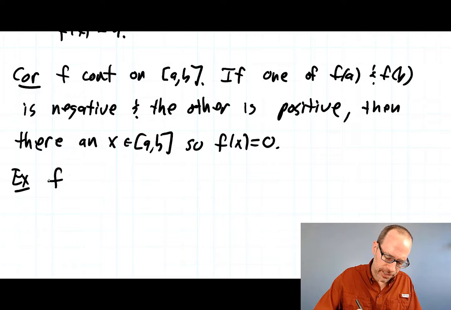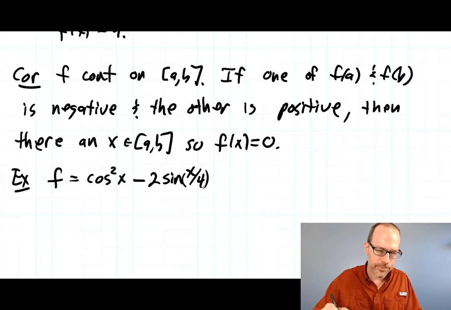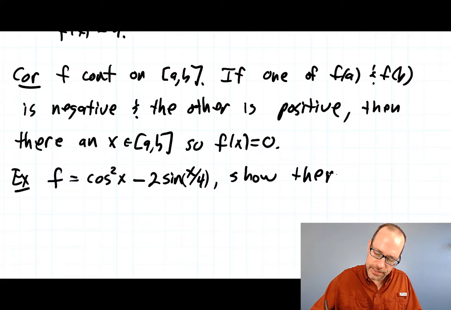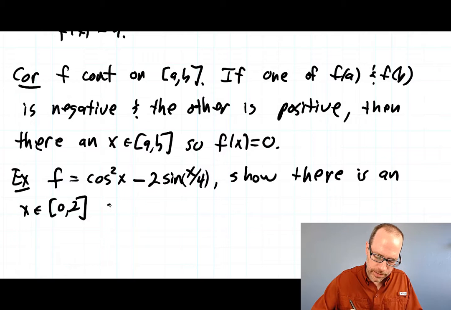So for instance, if f happens to be the cosine squared of x minus 2 sine of x over 4, show there is an x somewhere in between 0 and 2, so that f of x is 0.